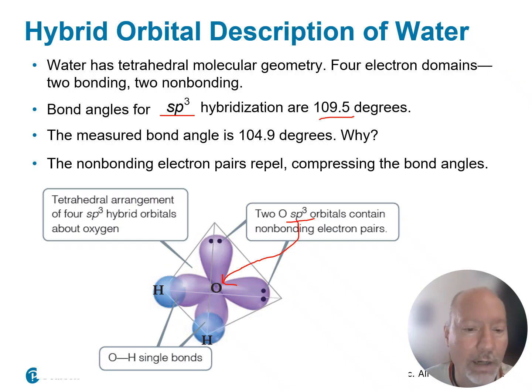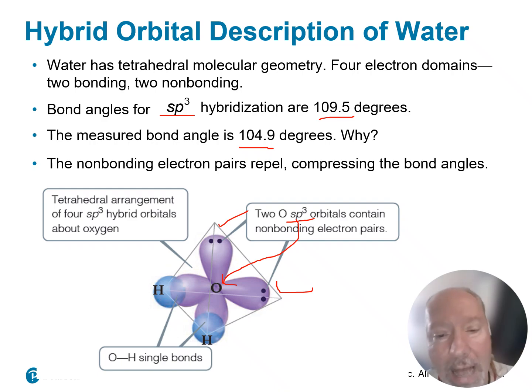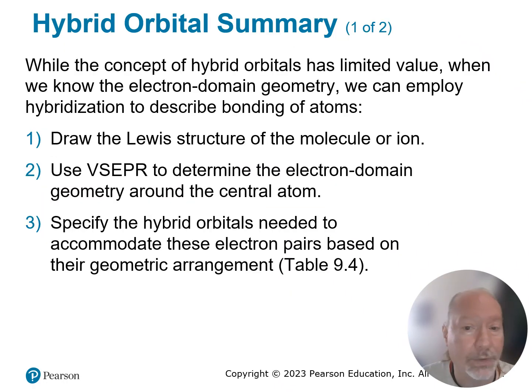But if we're talking about water, because of these lone pairs, we're going to have a just a little bit smaller bond angle at 104.9, because the non-bonding electron pairs have strong repelling powers and compress and shrink the bond angles a bit. Okay, so this sp3 is very, very common in organic chemistry.